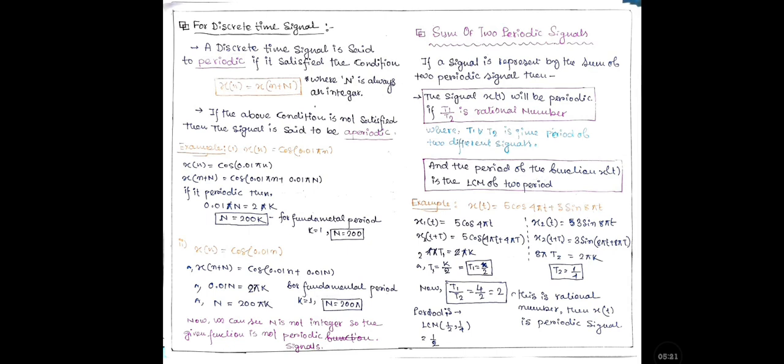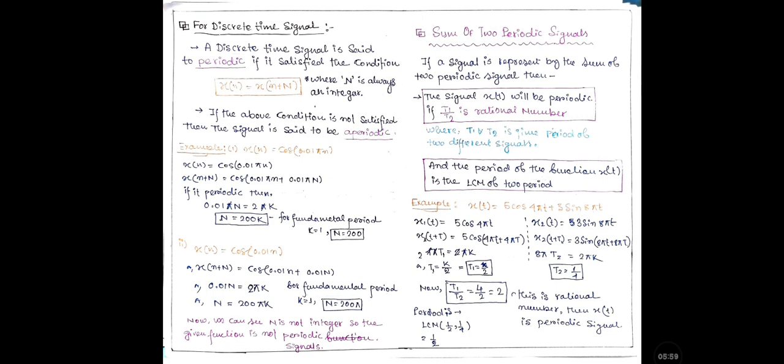Now we can represent a signal as a summation of two periodic signals, and the signal will be periodic when T1/T2, the ratio of T1 and T2, is a rational number. T1 and T2 are the time periods of the two different periodic signals, and the period of the signal is the LCM of the two periods.